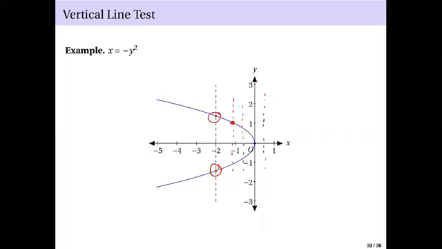So for this vertical line, you have two intersections also. For this vertical line, you have two intersections also. So any of these vertical lines here, any of those will prove that this equation does not define a function, because of the existence of two intersections.